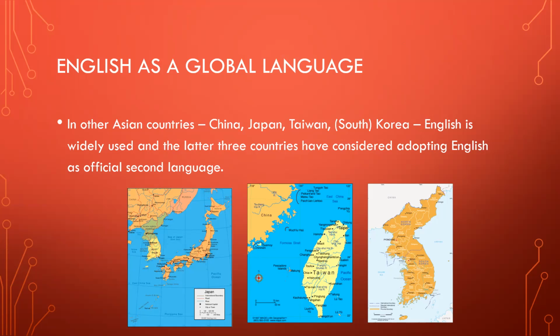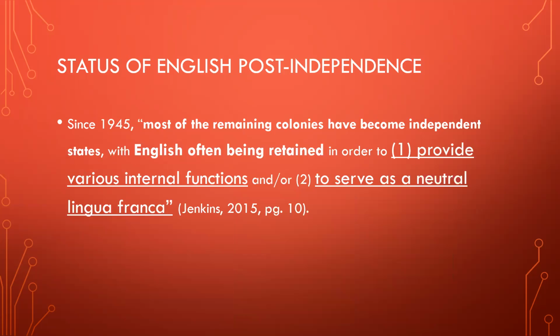And in Japan, Taiwan, and South Korea, they have considered and also spoken about the possibility of adopting English as an official second language, even though they don't share socio-political ties or any histories, right? So since 1945, most of the remaining colonies have become independent states.